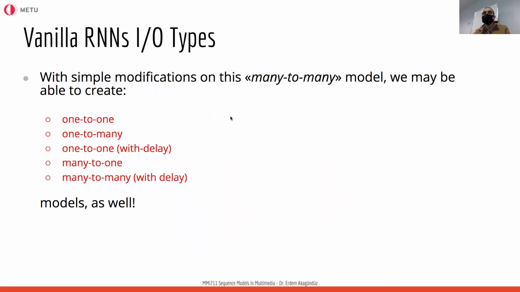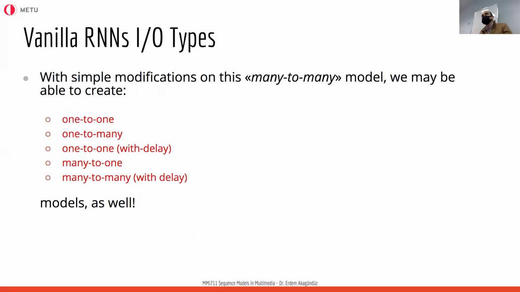Actually, in a vanilla RNN, with very simple modifications, you can change this model to one-to-one, one-to-many, many-to-one, including delays or not. What are the delays I'm going to be talking about? What I'm going to do in the following slides is change the computational graph architecture in the unrolled in time representation so that you will understand the architecture of a one-to-one model and its difference to, for example, a one-to-many model.